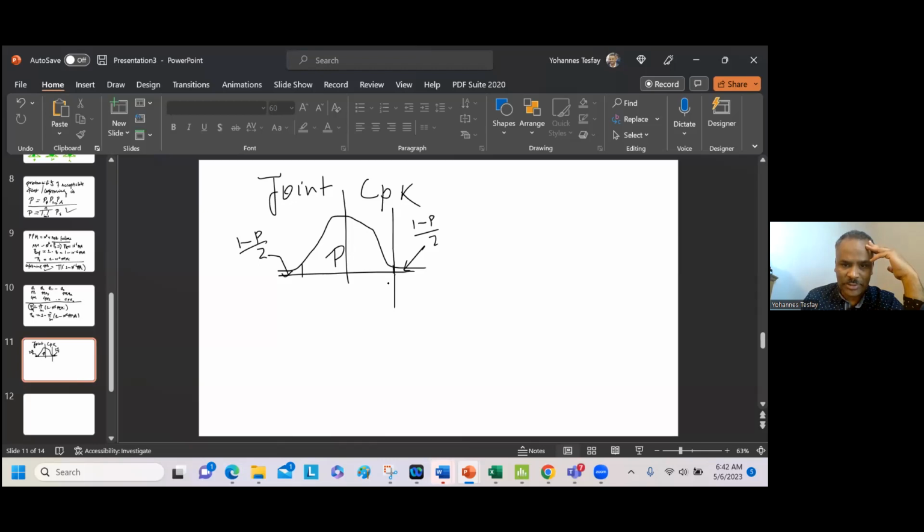So what is this value from the total from here, just like that, okay? Let's say we put our Z here. So D equals P plus this quantity, 1 minus P divided by 2. When you simplify this, it is P plus 1 over 2.